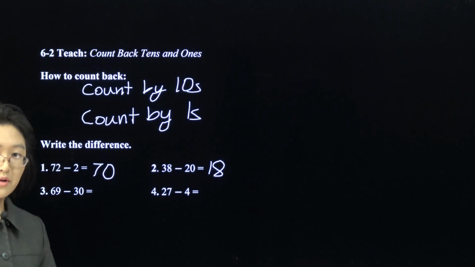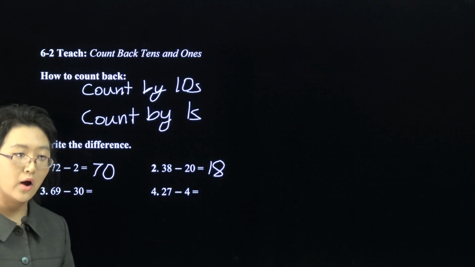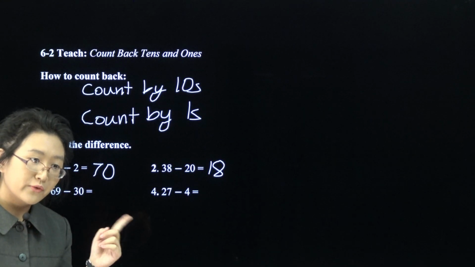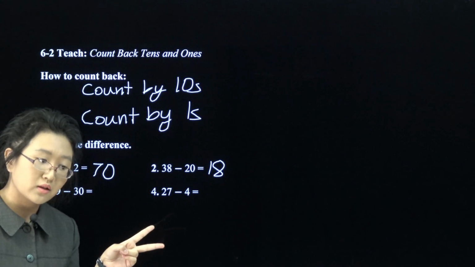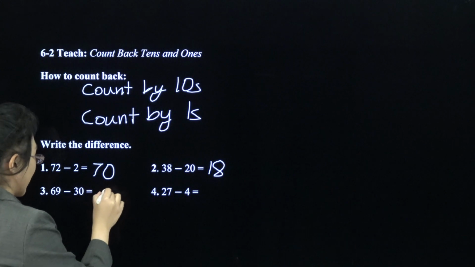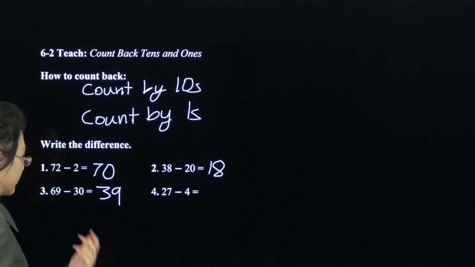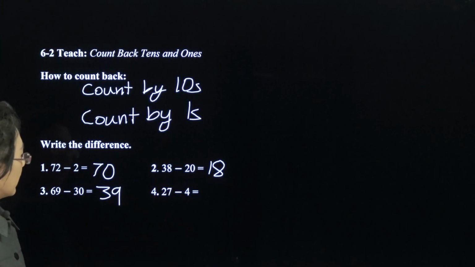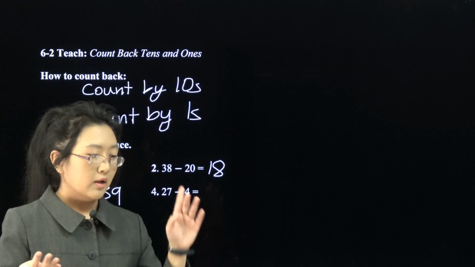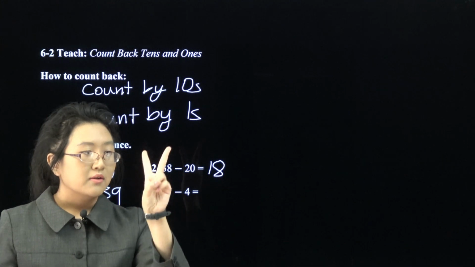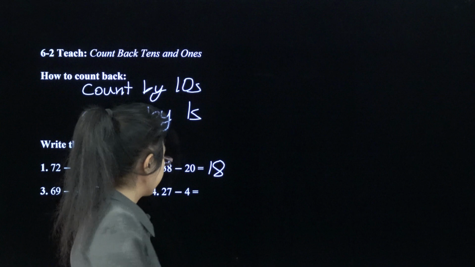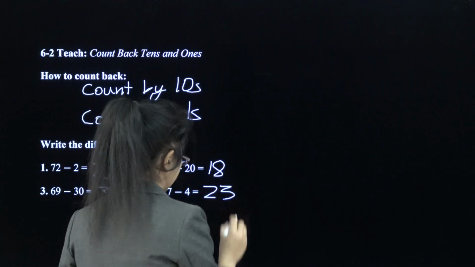69 minus 30. There's 3 tens to count back this time. So 5 is 1 before 6, and then 4 is 2 before 6, and then 3 is 3 before 6. So that's 39 because there's nothing in the ones place. 27 minus 4, well, 6, 5, 4, 3. 23.